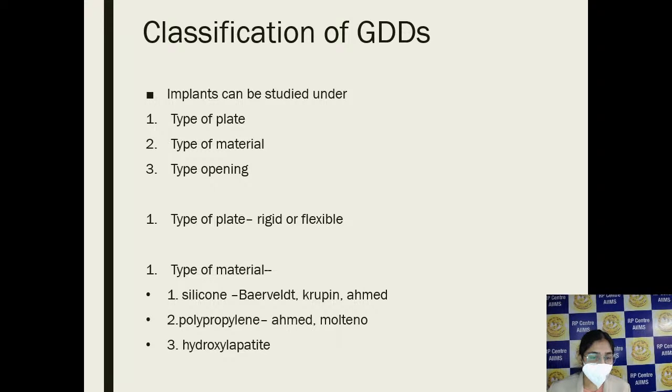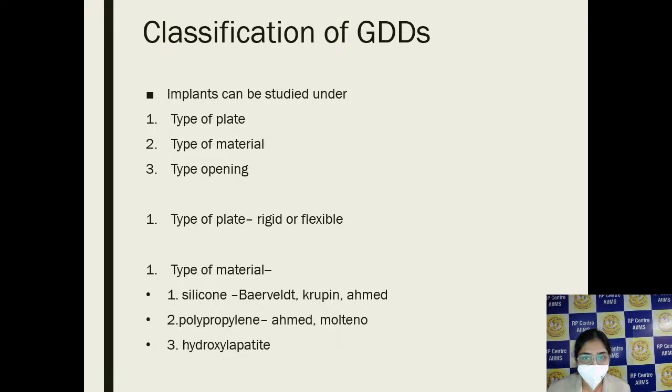Now the type of material. Basically, what we want is that the fibroblast should not adhere to the plate material. So we create a bleb, and between the plate and the capsule which has formed around the plate, there is a space where the aqueous can accumulate, and from where it will diffuse slowly.